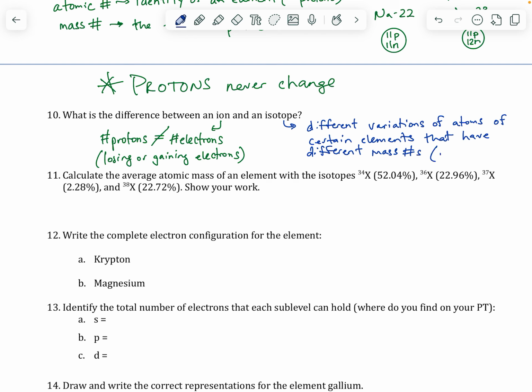And that is because neutrons change, right?